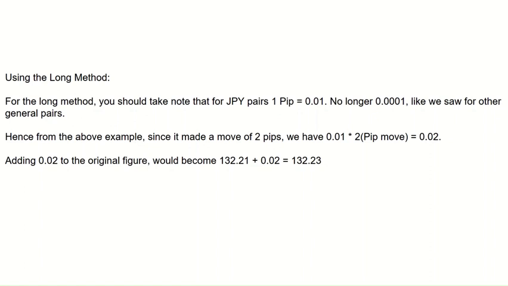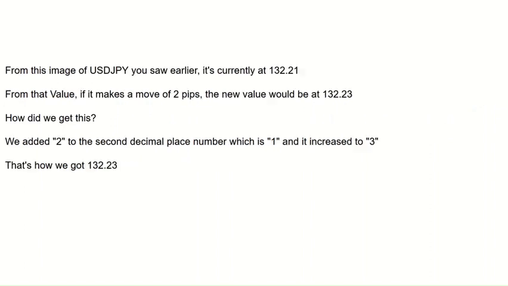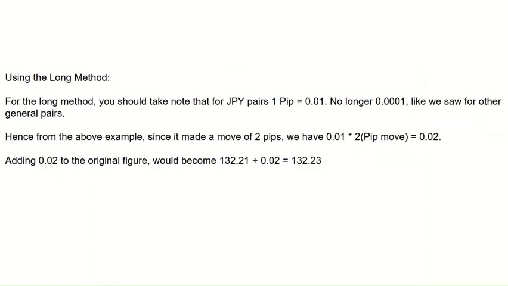Let me recap. If we are going to use the long method, JPY pairs, their standard value for 1 pip movement is 0.01. So in the example, they said it moves 2 pips. So since the current market price is 132.21, let me show you again. 132.21 is the current market price. And they said it makes a movement of 2 pips.